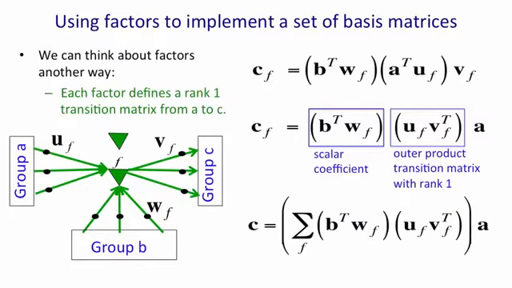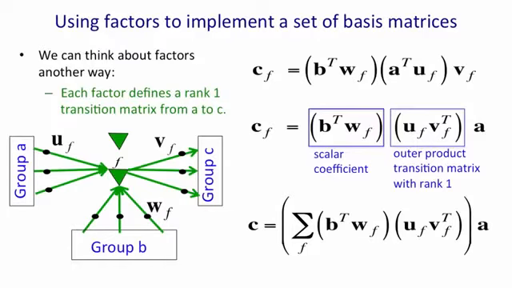If we sum that up over all the factors, the total input to Group C is just a sum over all factors of a scalar times a rank 1 matrix, and that sum is a great big matrix. That's the transition matrix, and it gets multiplied by the current hidden state to produce the new hidden state.